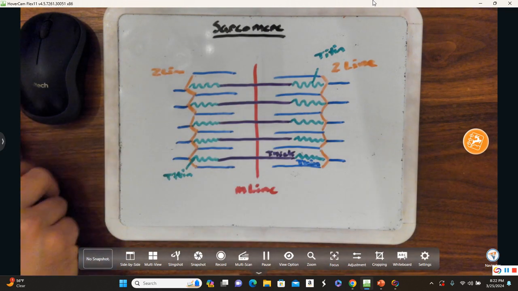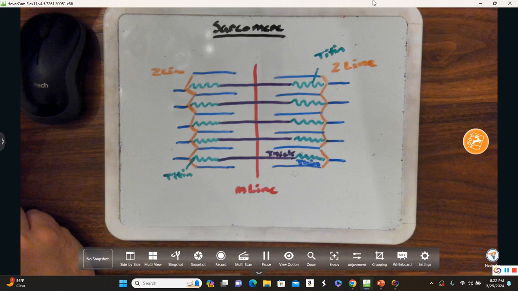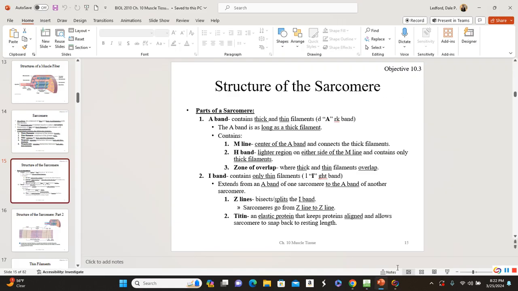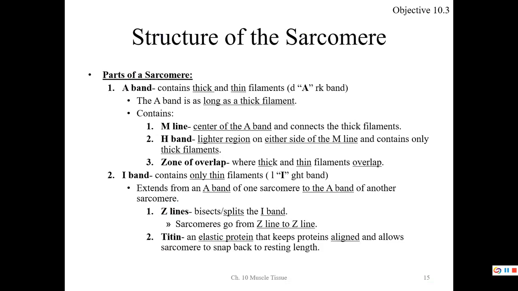Now what we got to do is identify the bands. Now there's various bands that we're going to see. So this is our sarcomere. Now what we're getting ready to talk about in lecture is there's an A band. A band contains thick and thin filaments, and I call it the dark band. A has dark. It is as long as a thick filament.